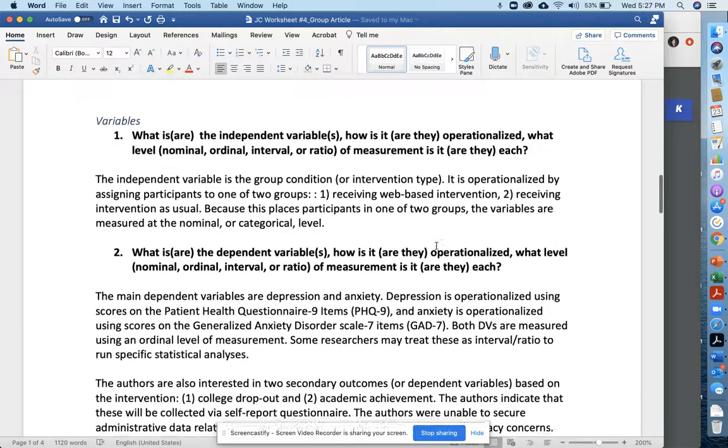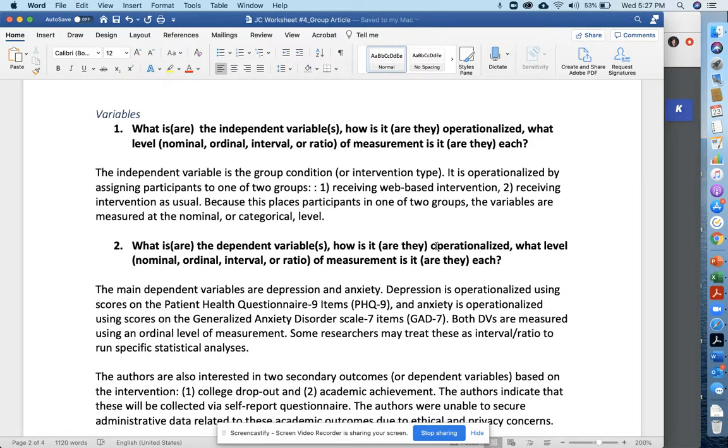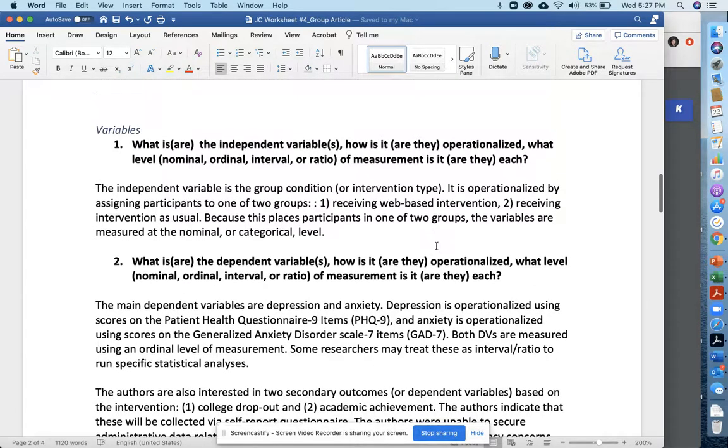All right, let's move along to variables. So these questions are going to ask us first about our independent and dependent variables. These questions should be very familiar to you because you have answered these questions before. And for each one of these questions, be sure to answer every component of the question. So you'll see that it asks, what is the independent variable?